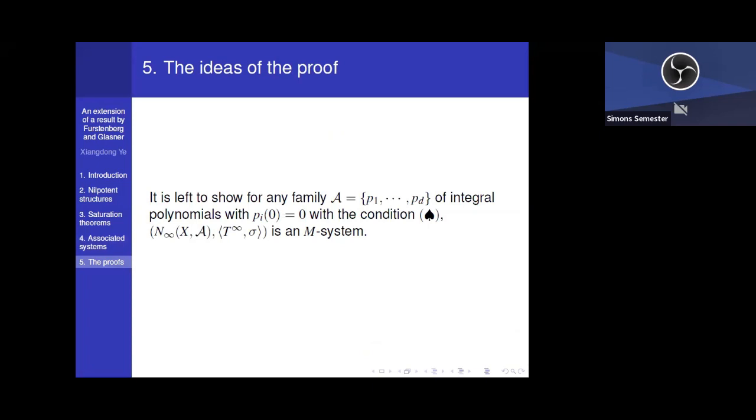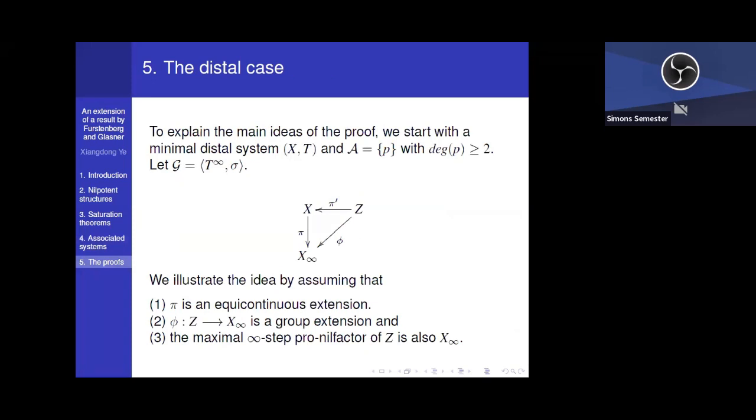So it's left to show that for any family, this system is an M system. We start from a simple case to explain the idea. The simple case is a minimal distal system. So you have only one polynomial with degree larger than or equal to 2. So this is the group we are using. We assume this pi is an equicontinuous extension.